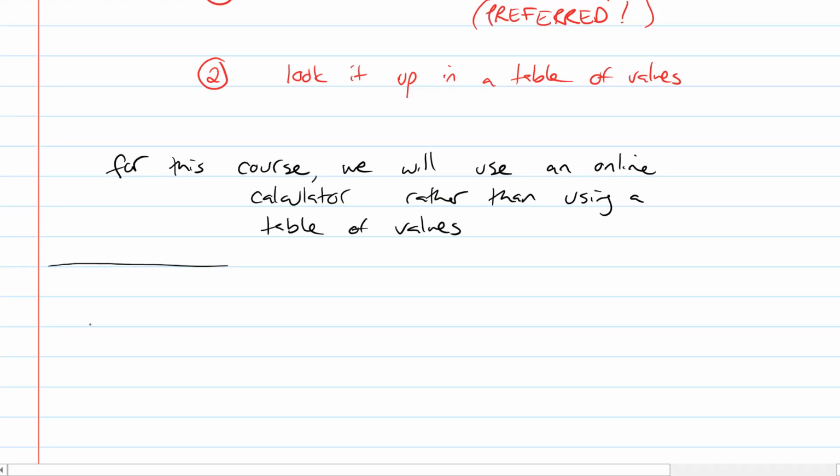And so, if using a table, there's a problem. You'd need an infinite number of tables.